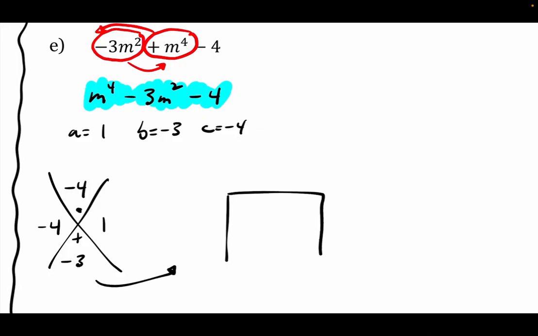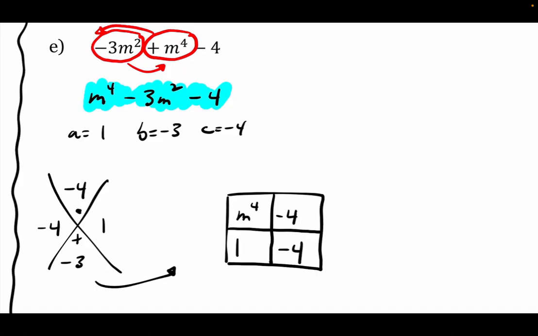2 by 2 box. First guy, well, there was no GCF, so first guy is m to the 4. Last guy is -4. -4, +1. The middle guy is an m squared, so they need m squared.